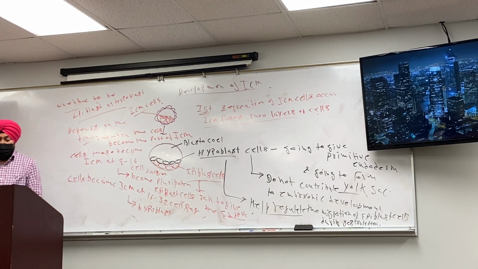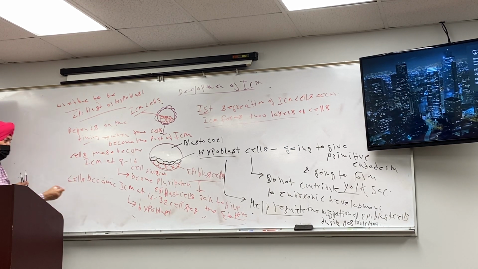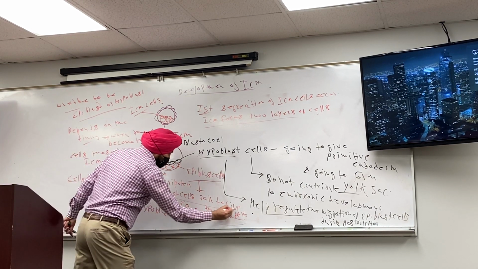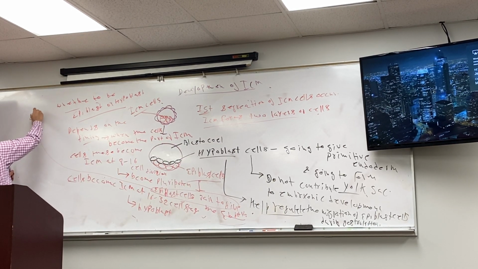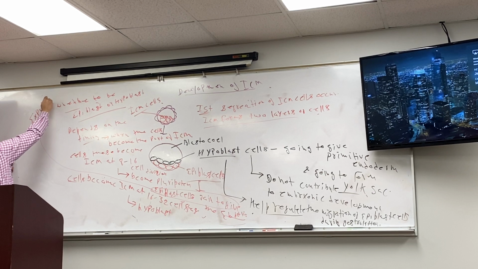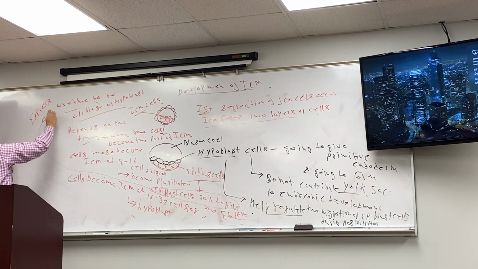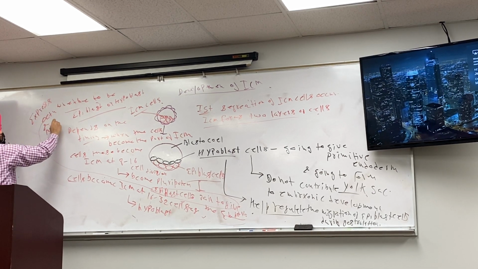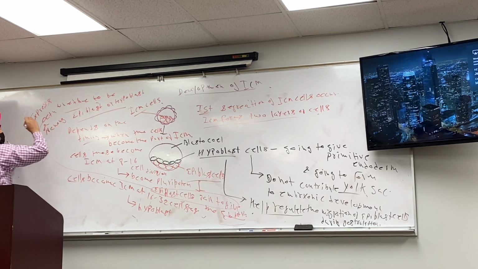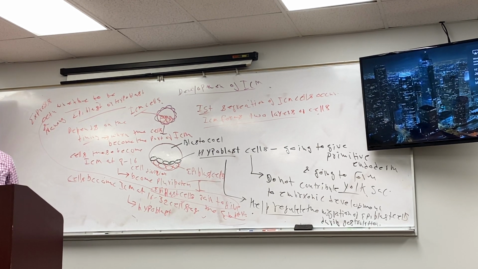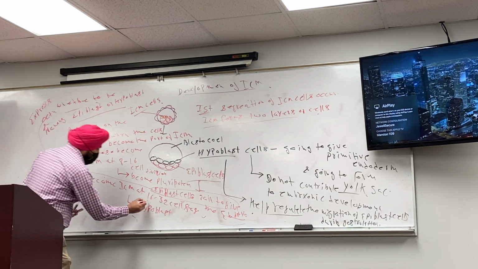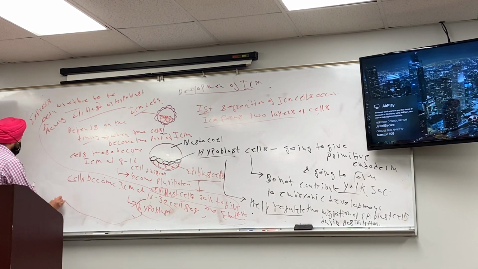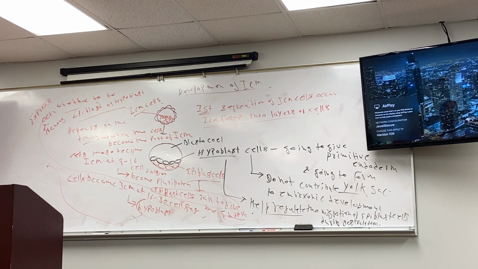Okay? So the cells which are going to become epiblast cells express OCT4 and Nanog. And the cells which are going to become hypoblast are no more stem cells.